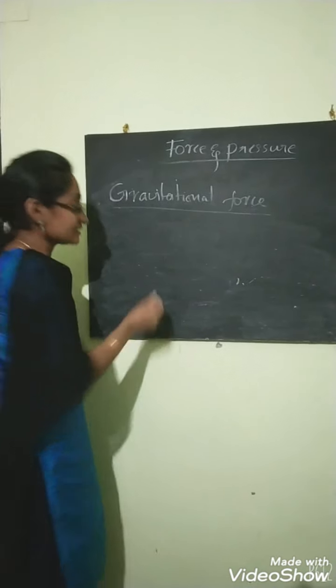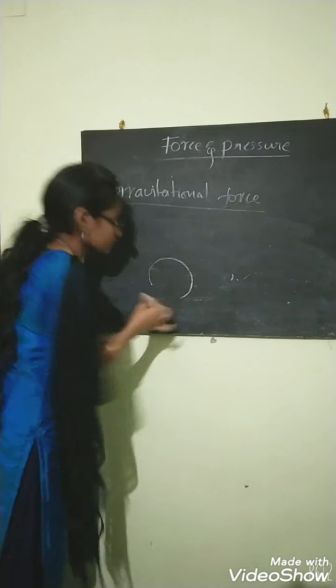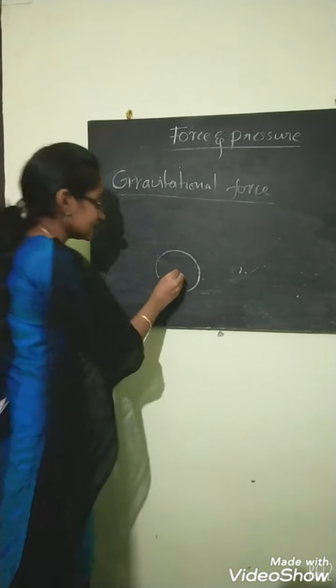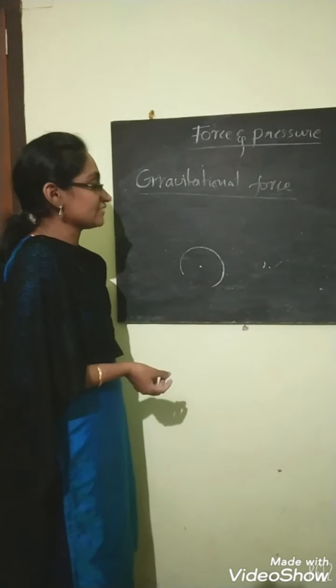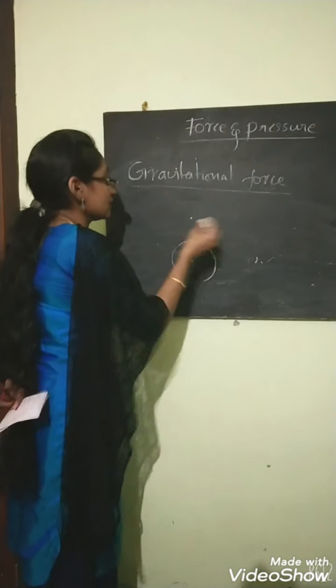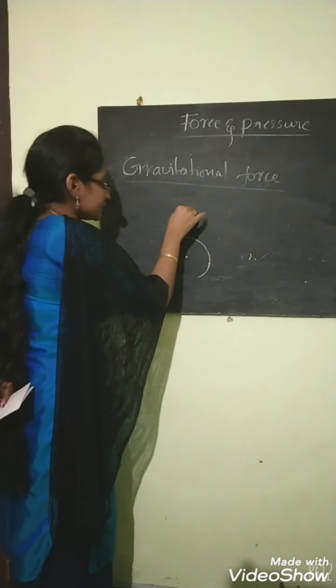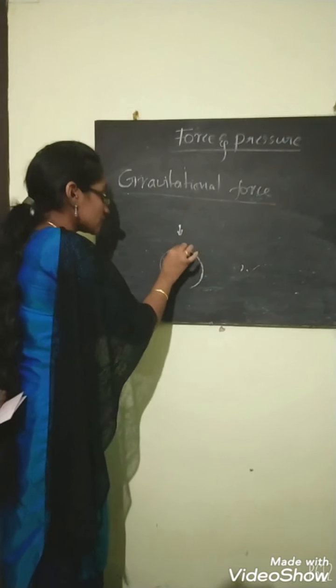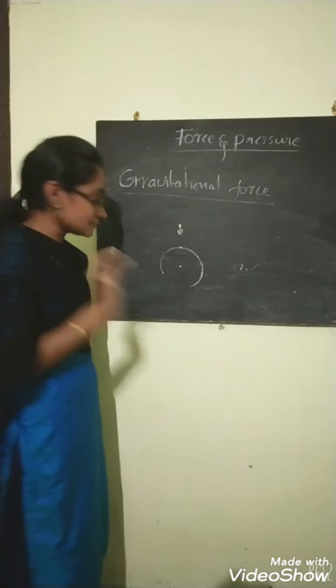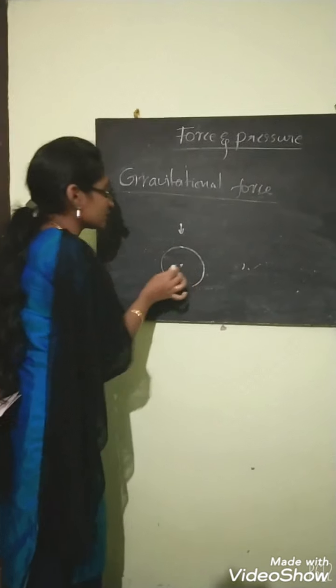Generally we consider that every object is attracted to the center of our earth. This is called gravitational force. When we drop an object from a height, it comes to the surface of our earth because it is attracted to the center of our earth.